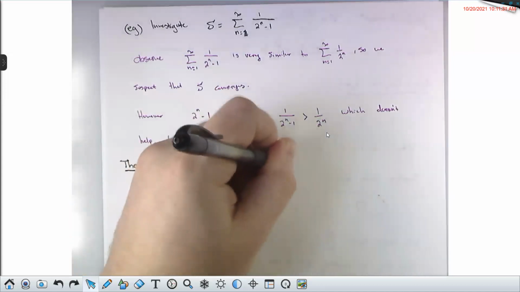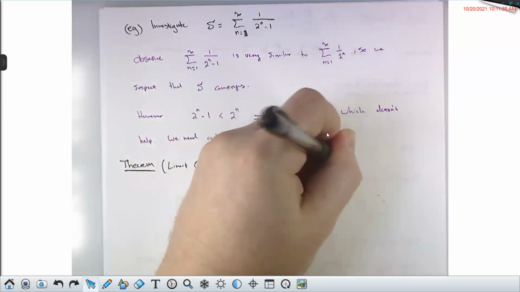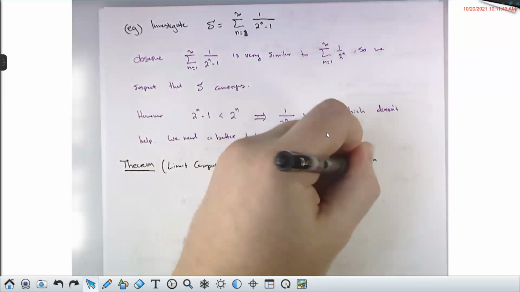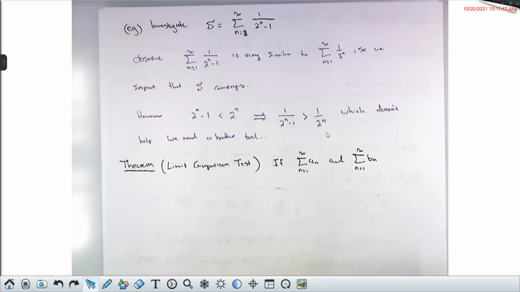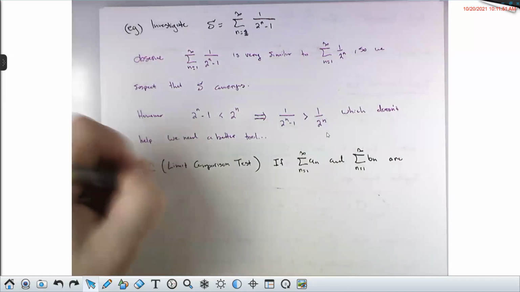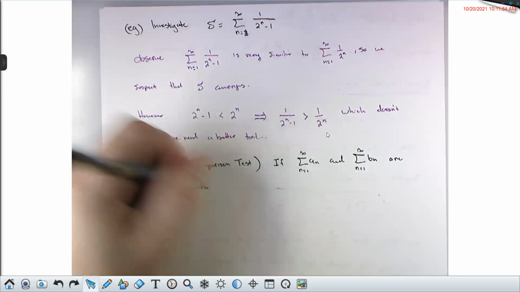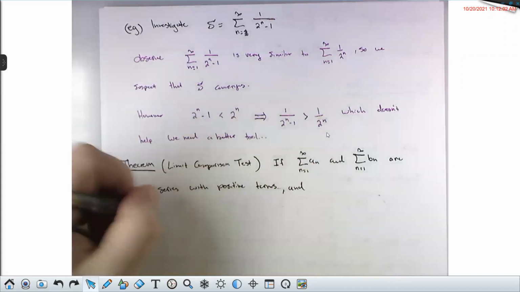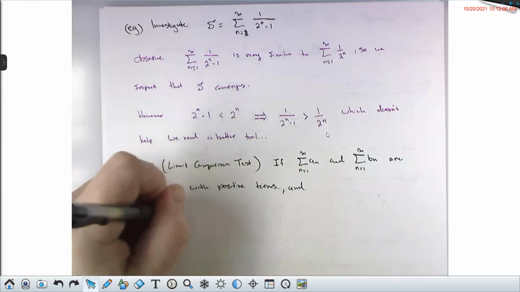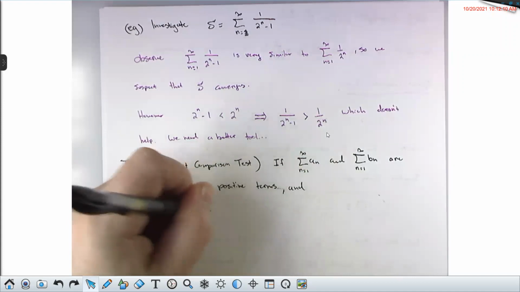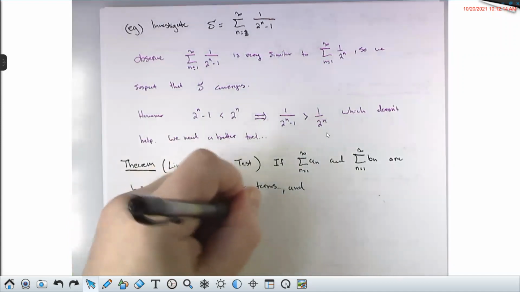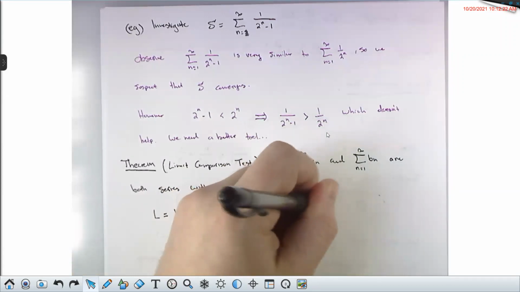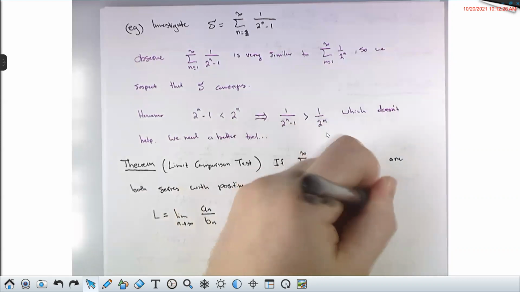This says if sigma an and sigma bn, and these could start wherever and go to infinity, I'll say again, just from 1 to infinity, but they could be from 0 to infinity or 10 to infinity, are both series with positive terms, and L equals the limit as n goes to infinity of an over bn exists and is both positive and finite.